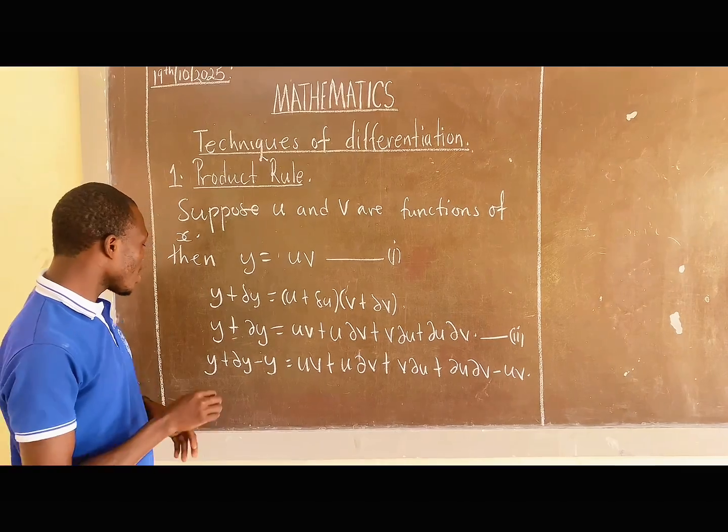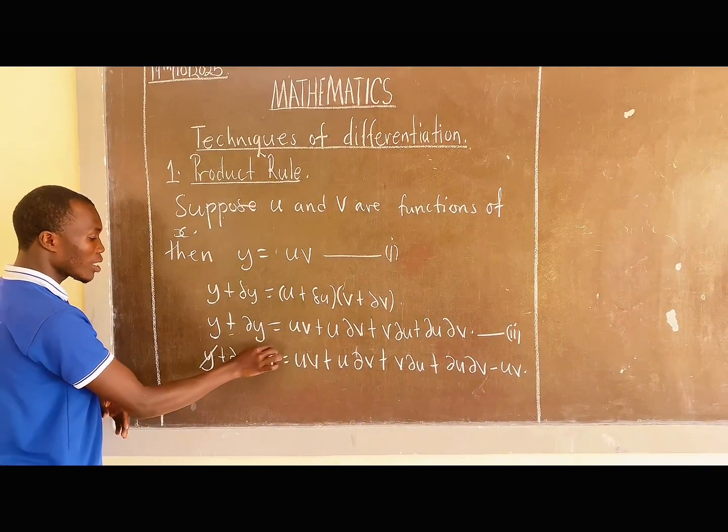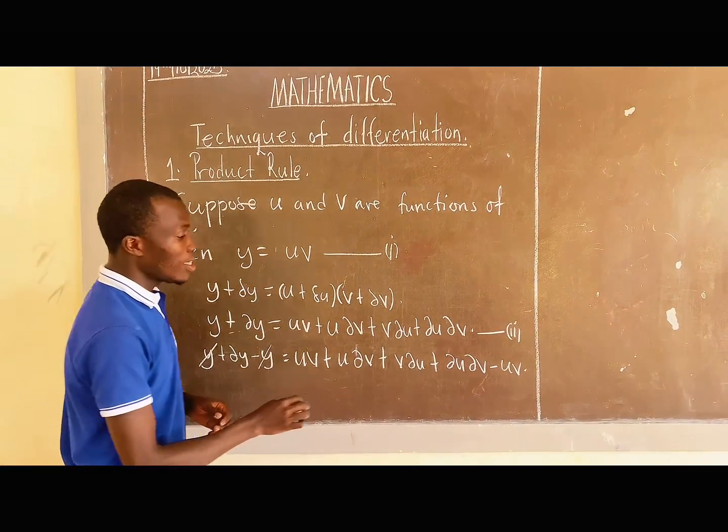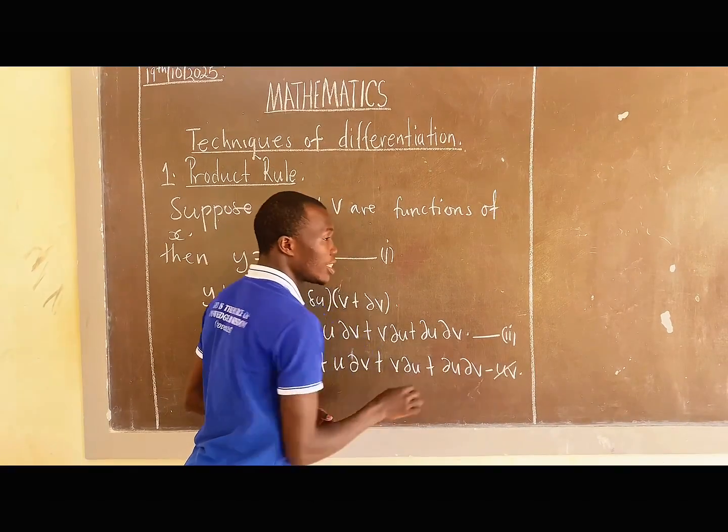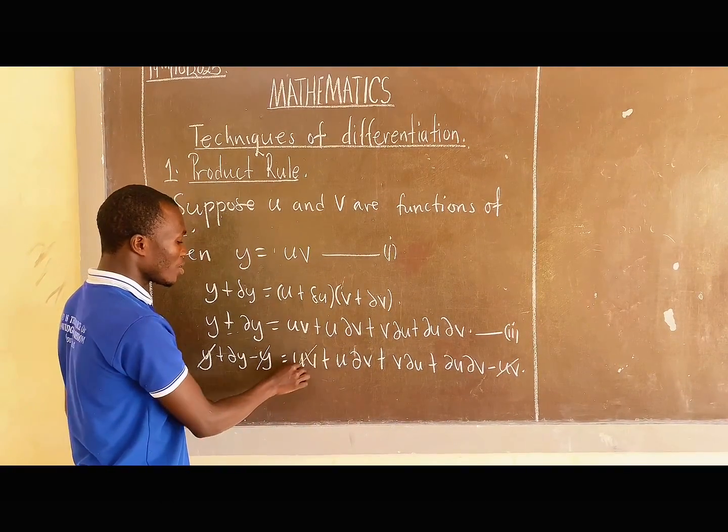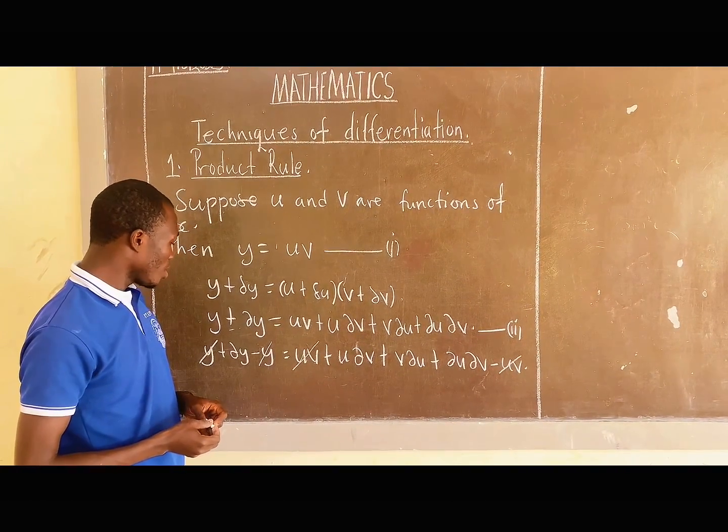So our y will cancel out with this y. Then this negative uv will cancel out with this positive uv.